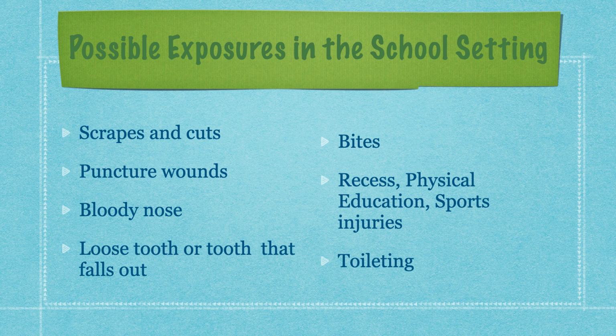In the school setting, there are many possible ways to be exposed, including scrapes and cuts, puncture wounds, bloody noses, a student with a loose tooth or a tooth that falls out, bites, injuries during recess, PE, or sports, and toileting.